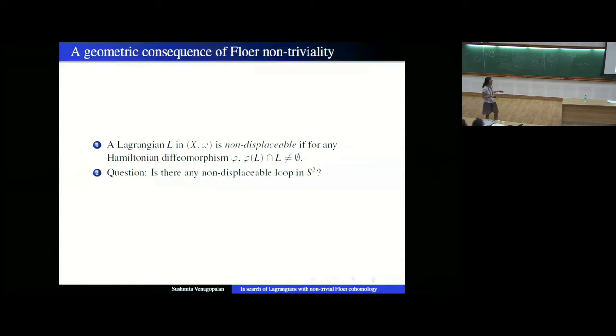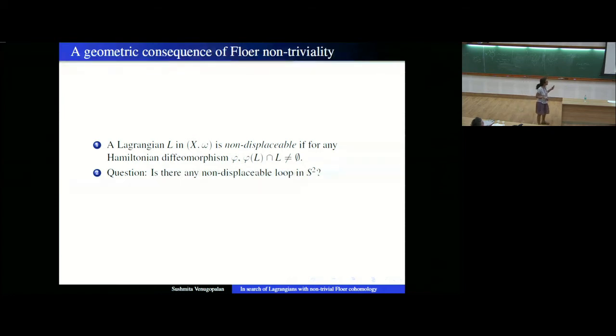So I start by looking at the really simple case of S2. S2 has a symplectic form, which is the area form, and any one-dimensional submanifold is a Lagrangian, right? Because omega is a two form, so it will vanish on any one manifold. And the question is, are there any non-displaceable loops in S2?